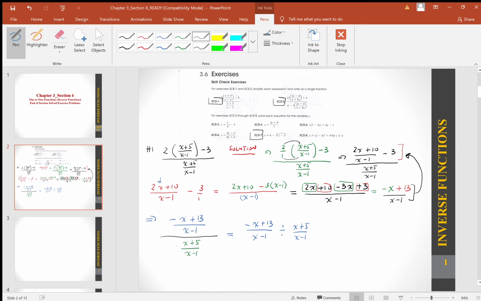We can take this a step further and say negative x plus 13 divided by x minus 1, times x minus 1 divided by x plus 5. Then these cancel out, and I'm left with negative x plus 13 divided by x plus 5. And this is your answer here.